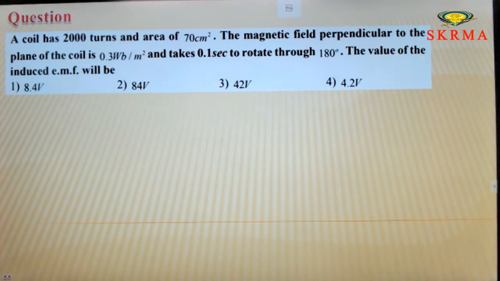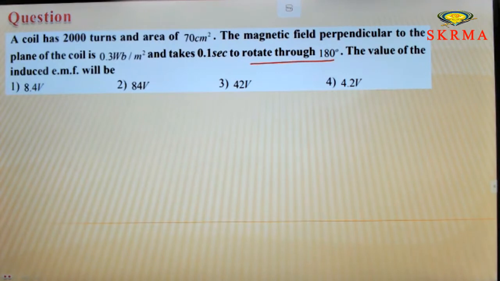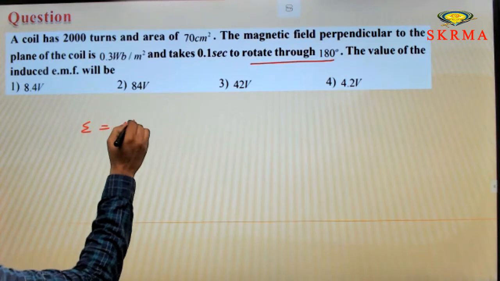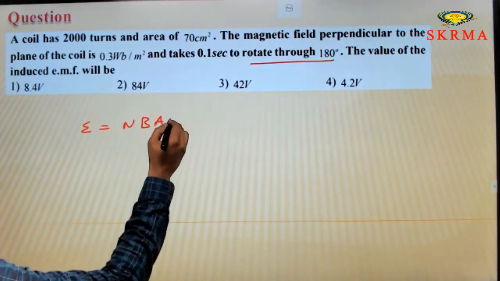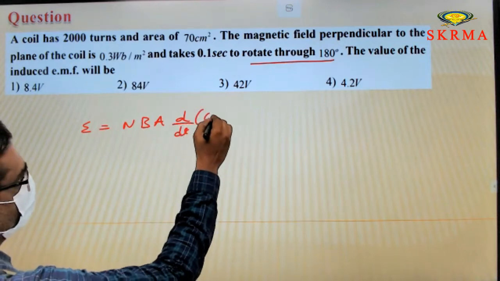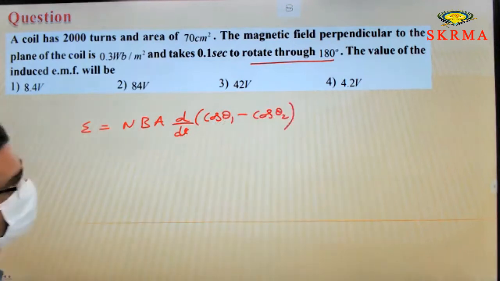So here also we need to calculate induced EMF. It is rotating through an angle 180, so we need to write induced EMF in terms of angle. So N dA into dB by dt of cos theta, cos theta 1 minus cos theta.